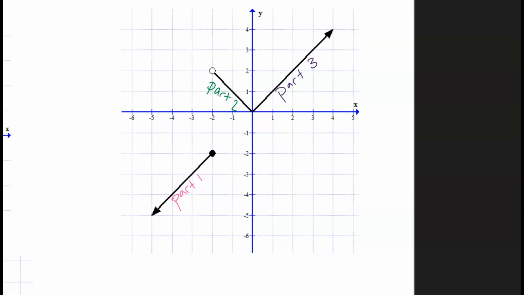You can find the equations for these 3 different parts, or you could notice that part 2 and part 3 together form an absolute value function. So you could create a piecewise function that only has 2 parts, a linear line down here, part 1, and then also the absolute value up top.